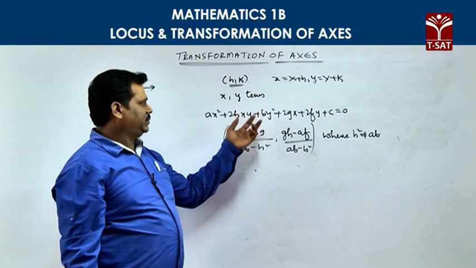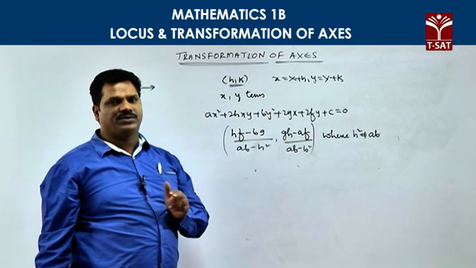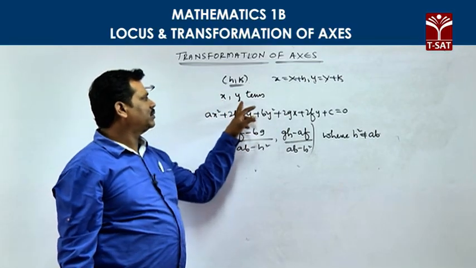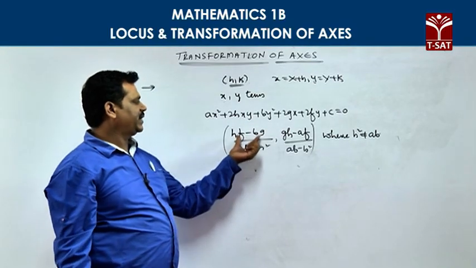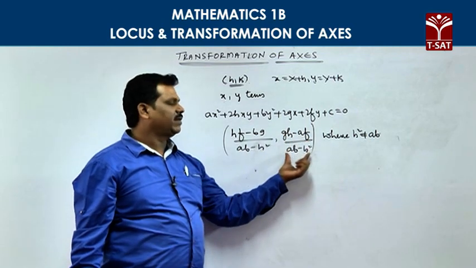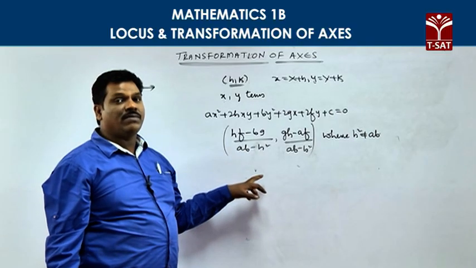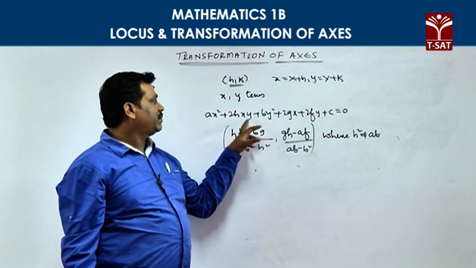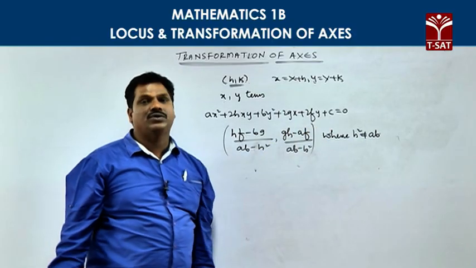We take those two equations, the x coefficient and the y coefficient, and remove them. We get two equations. Solving the two equations, we get (hf − bg)/(ab − h²), (gh − af)/(ab − h²). This is to remove the x and y terms in the equation ax² + 2hxy + by² + 2gx + 2fy + c = 0.